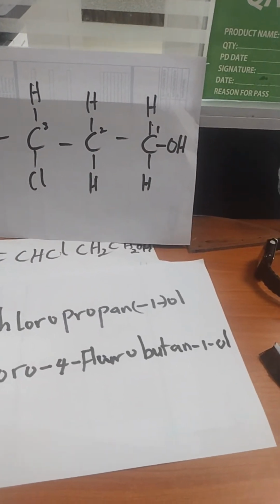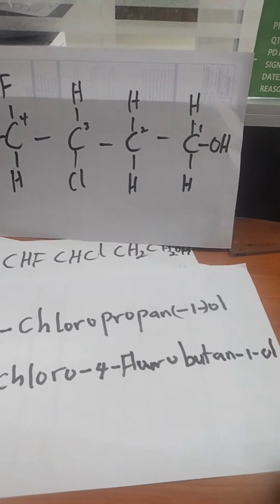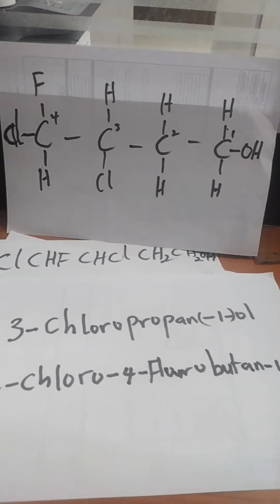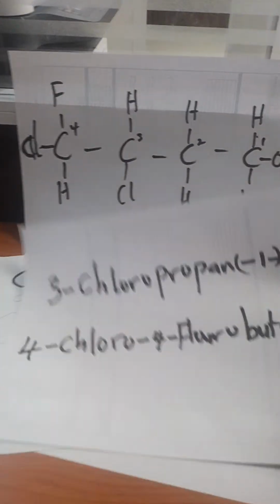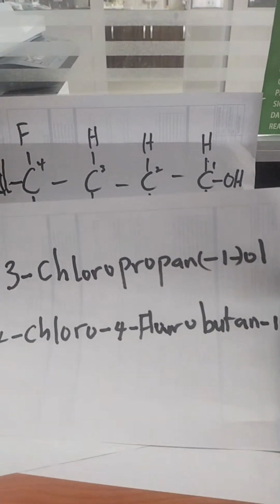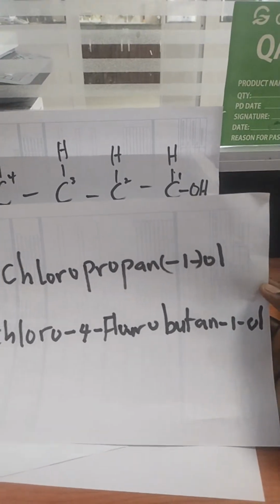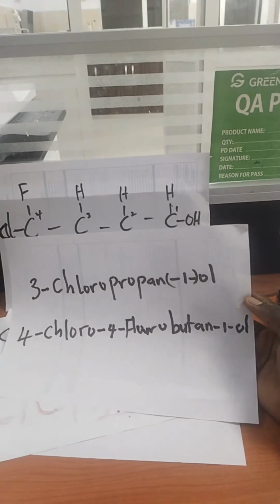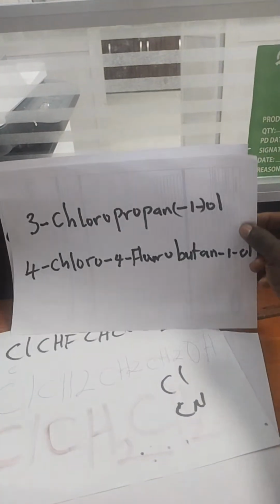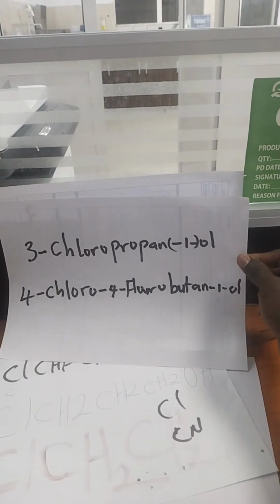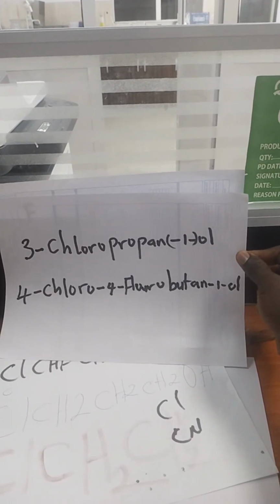That's what you are going to get. 4-chloro, 4-fluoro, butan-1-ol. So that will be the IUPAC name for this particular compound. Look at it very well. Butan-1-ol.